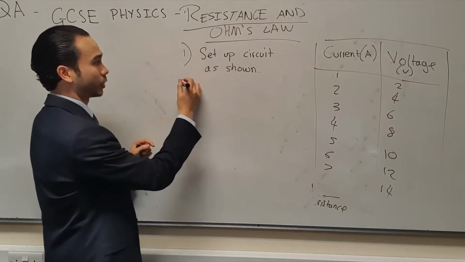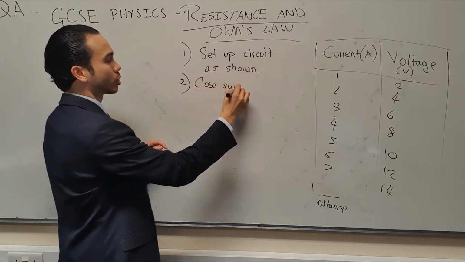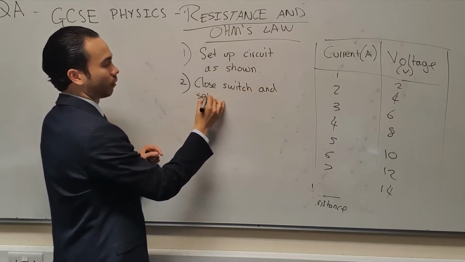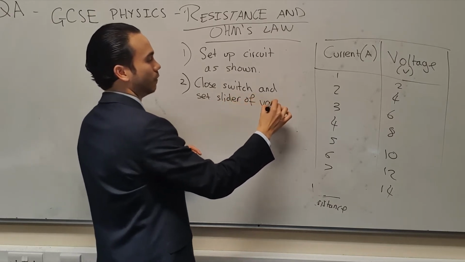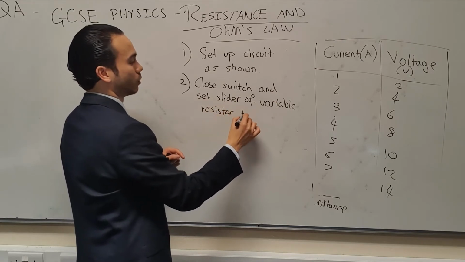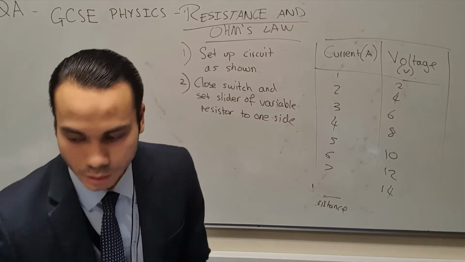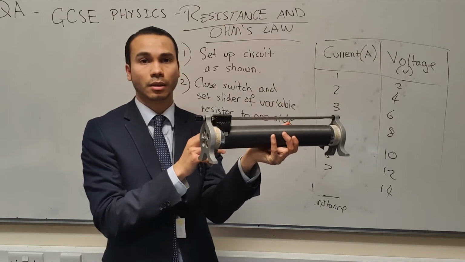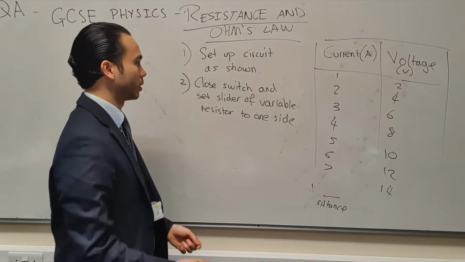So set up circuit as shown, close switch, and set slider of variable resistor to one side. Okay? So I've set it to one side like that, so it's low resistance at the moment, or high resistance depending on which side you started from.